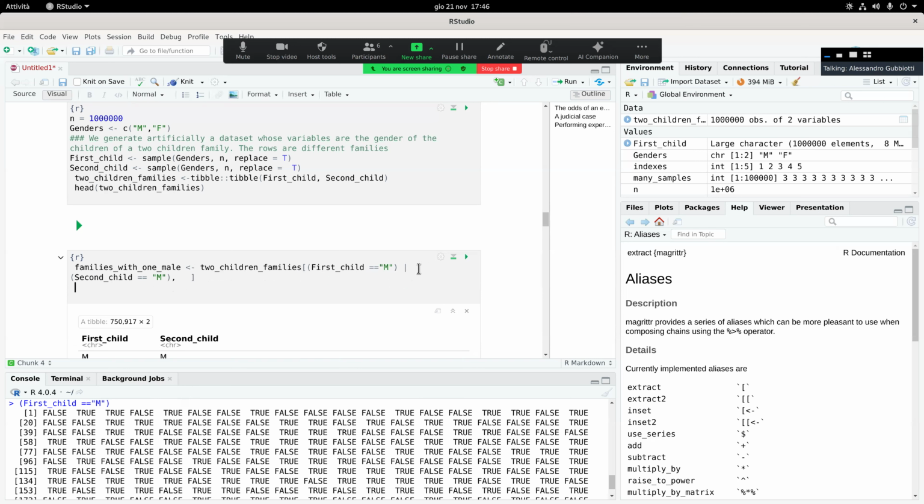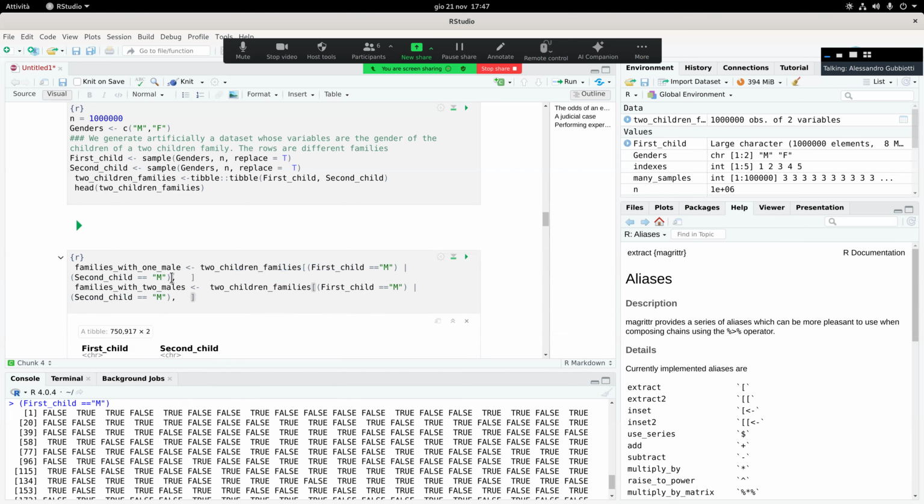And let's take the families with two males. In the condition, instead of first child equal to male, or second child equal to male, we need to have an and here.